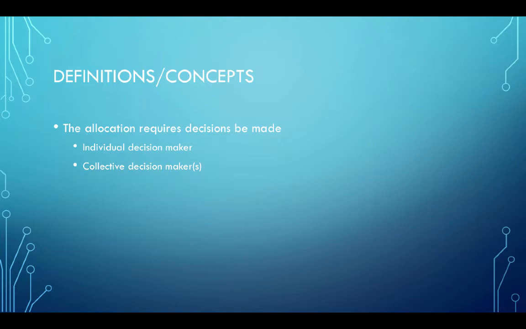Collective decision makers also, in theory, could make the decision any way they damn well please, but generally they're constrained by policies to make a decision that is beneficial in some context.